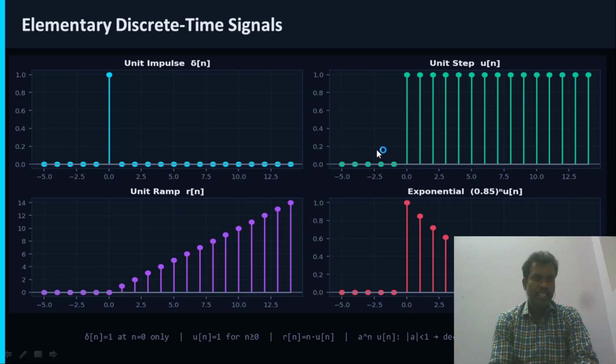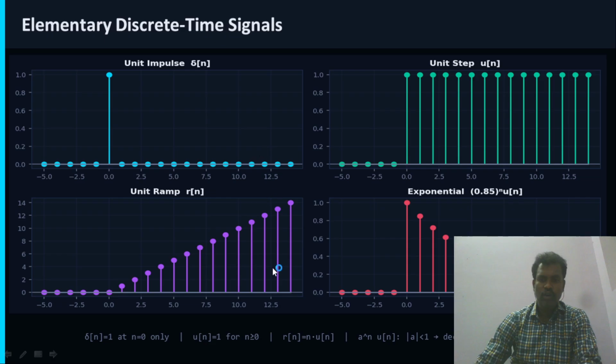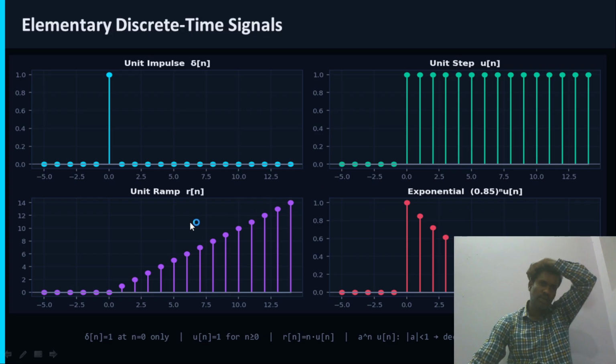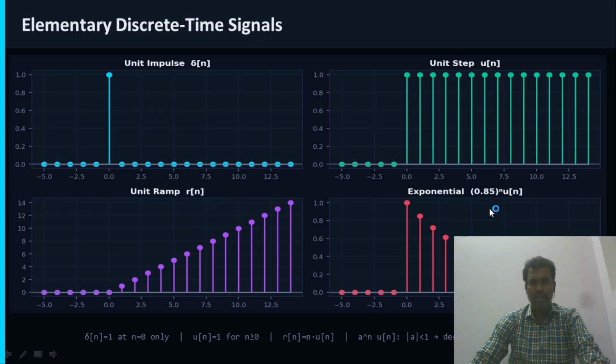So let's see the basic signals, and then we'll represent any complex signal using them. First is the unit impulse sequence del of n, then the unit step sequence u of n, the unit ramp sequence r of n, and the exponential sequence a power n into u of n. The sinusoidal signal is also a basic one, as we discussed in the sampling example.